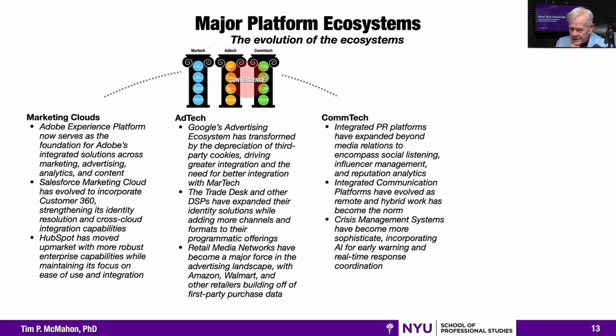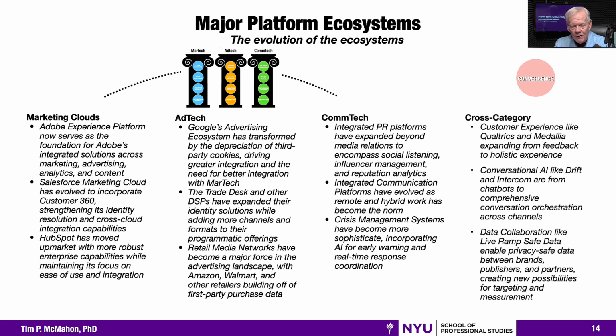And convergence then leads us to something else, and that is basically the idea of a cross-category series of elements like customer experience, like Qualtrics and Medallia, and conversational AI like Drift and Intercom, and data collaboration for something like LiveRamp Safe Data, and enable privacy-safe data between brands, publishers, partners, creating new possibilities for targeting and measurement.